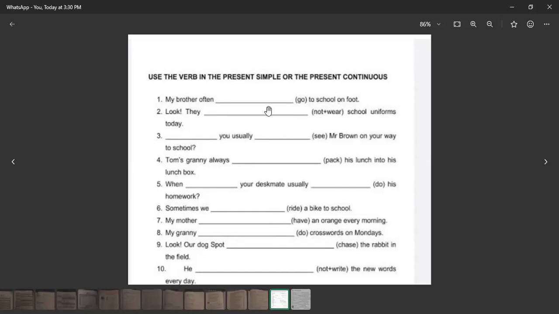اوكي، طيب let's see number 2 كريم. Look, the school uniform today. Aren't worn? Sorry. Aren't worn?